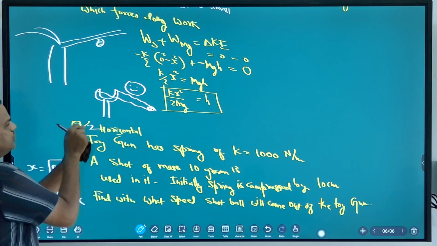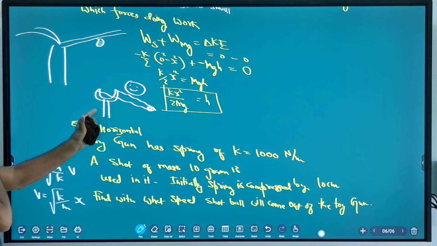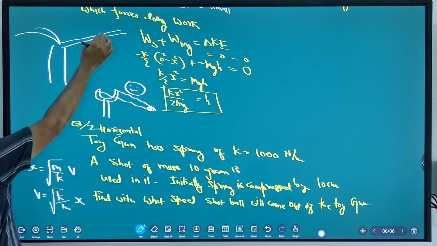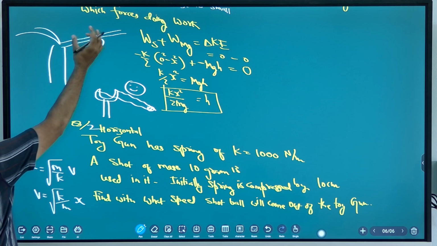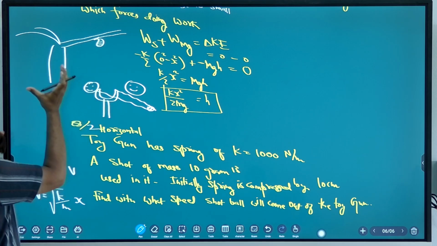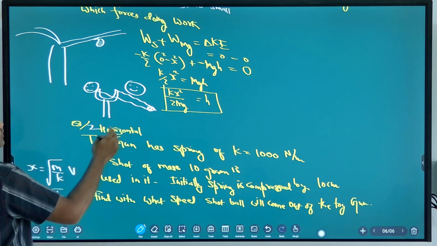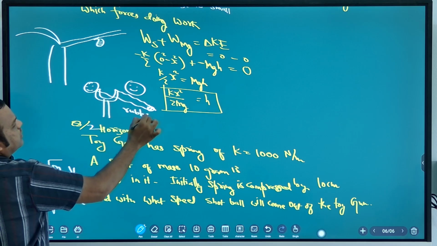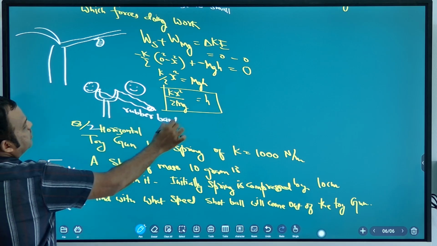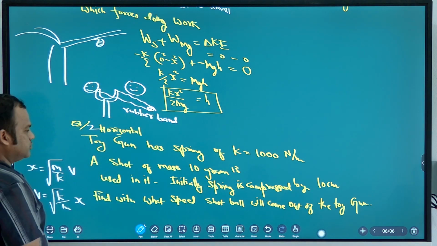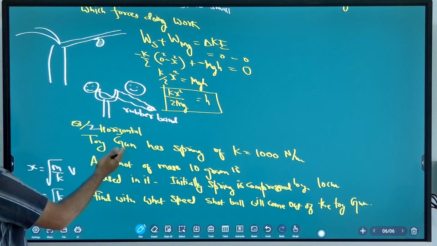Correct or not? And pull it like this. The stone will hit the mango here and detach it. The mango will fall, and another friend standing below it will catch it. So same thing, here the rubber band is acting like a spring. So the toy gun is using a spring.